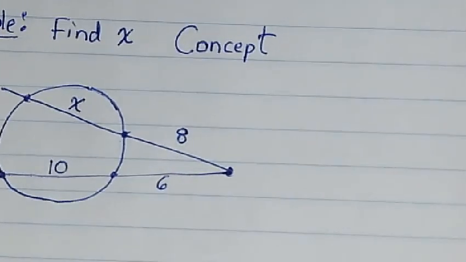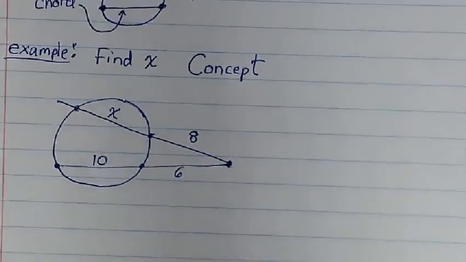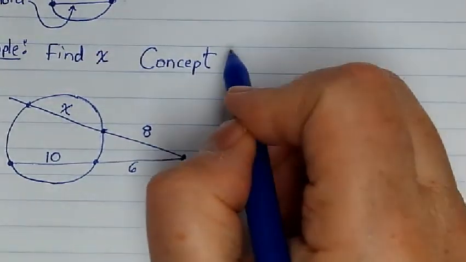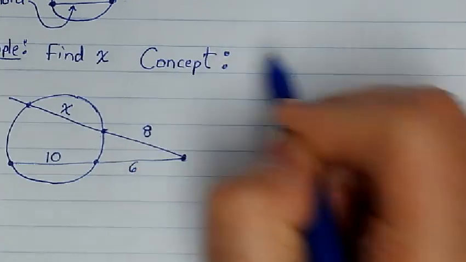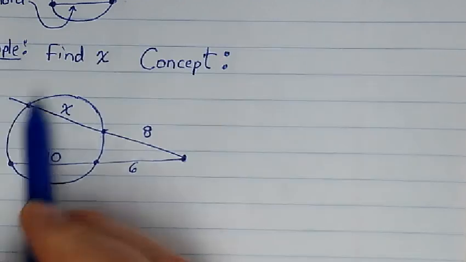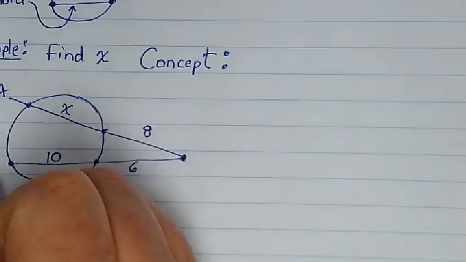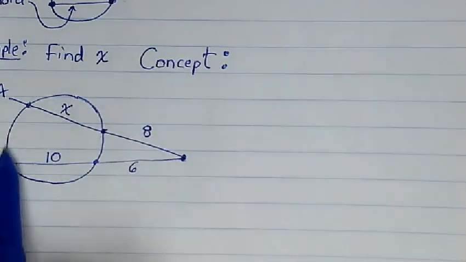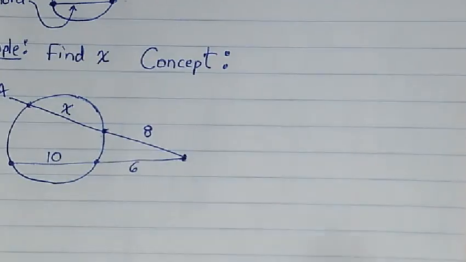Ready? All right. Notice on this secant, let's call this secant A and let's call this secant B. Can we do that? So if I'm talking about secant A and secant B, that way I don't have to say this one, that one, the other one.